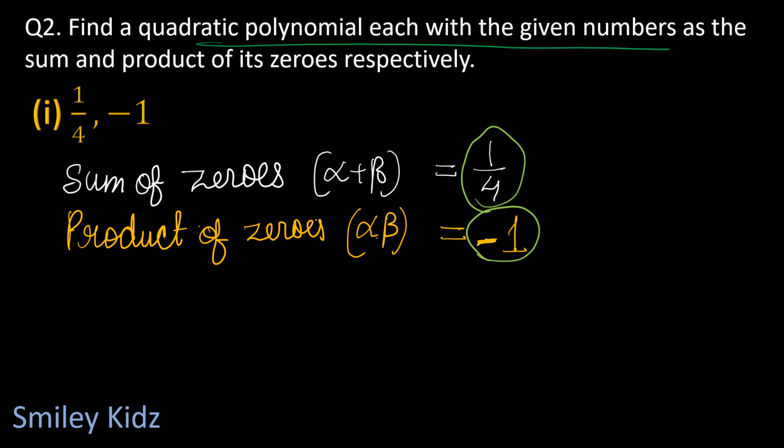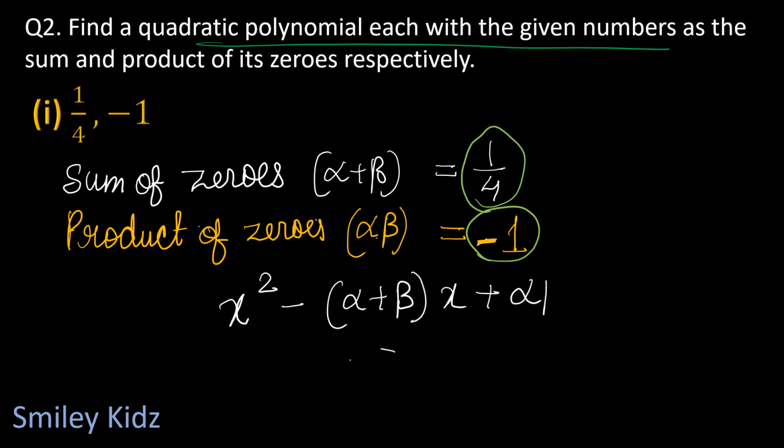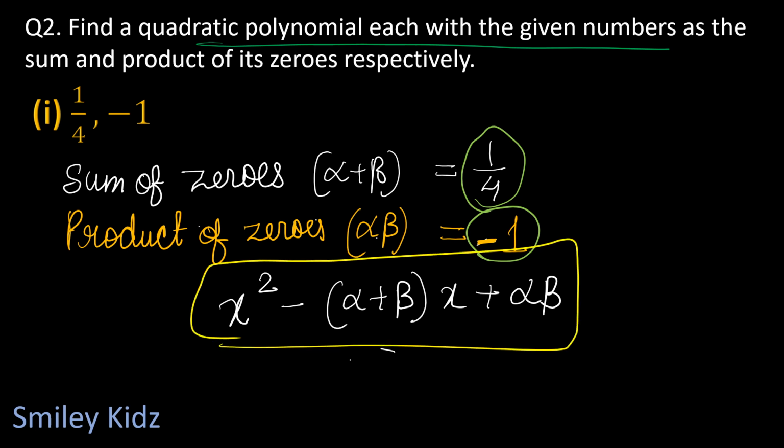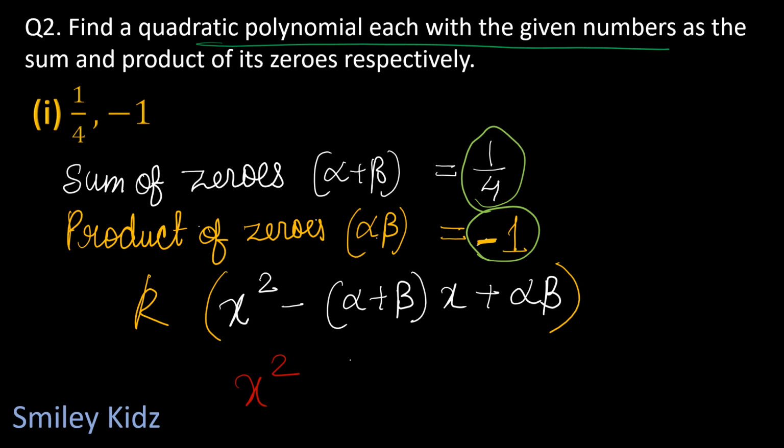Right. Now how do we find the quadratic polynomial? You must always remember that the quadratic polynomial is in this way: x square minus alpha plus beta into x plus alpha beta. This is the standard form of the quadratic polynomial, isn't it? Now, x square will be as it is. And remember that you're multiplying this particular thing with k, right? k into x square minus alpha plus beta into x plus alpha beta.